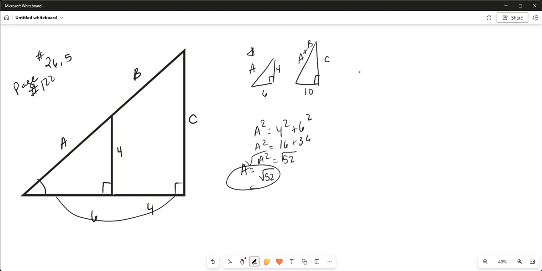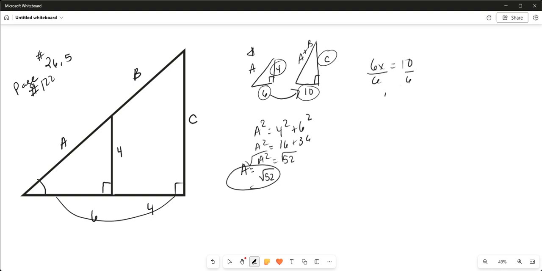Then we can find the missing side c. We can use proportion or we can use scale factor. If we use scale factor, we can say 6 times x equals 10, comparing this one to this one.